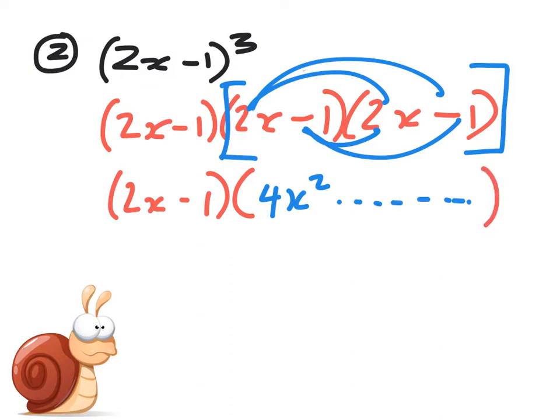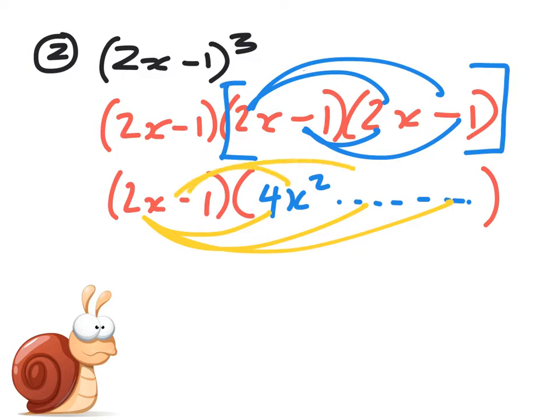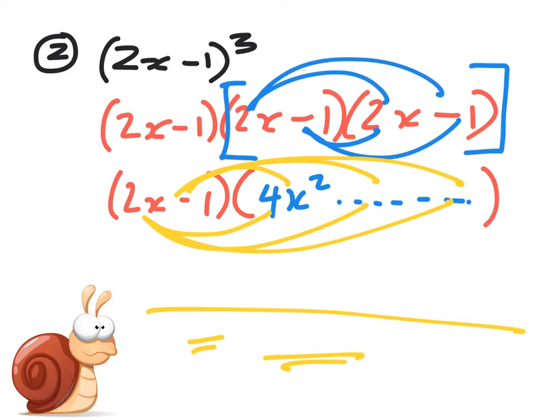And then I'm going to go 2x times 4x squared, 2x times the middle number, 2x times the end, -1 times, -1 times, -1 times, got a big expression here which I'm going to simplify down.